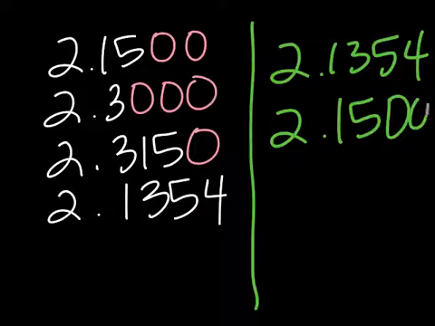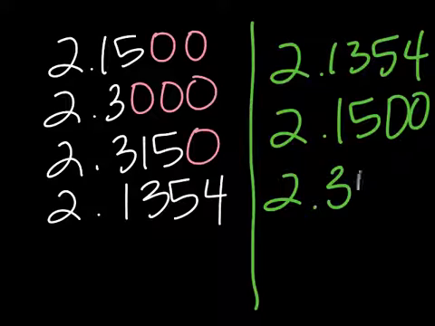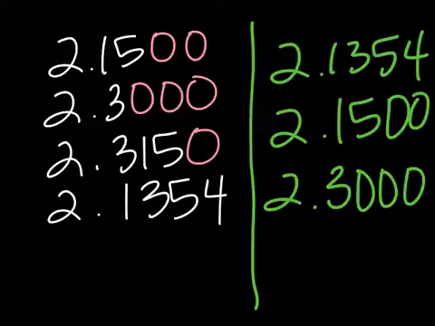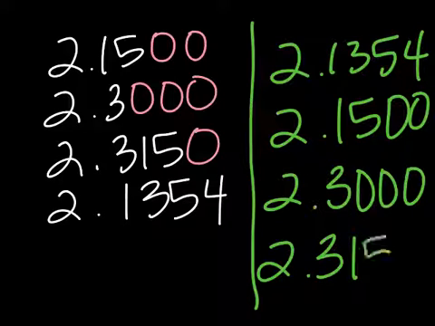And you can write it just like this. You can leave the zeros on there. It's perfectly okay. The next largest is going to be 3,000. So just 2.3. Or you can leave the zeros on there again. And finally, you'll have the 2.3150. Easy peasy. That's it.